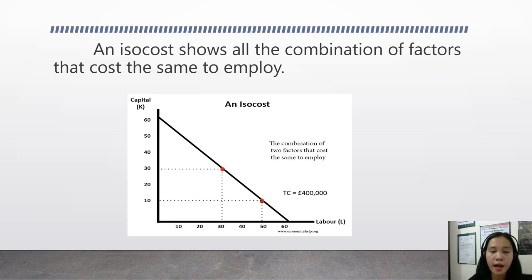So an isocost line is a graph of a combination of labor and capital, or any other two factors of production, such that the total cost remains the same. An isocost line is to a producer what a budget line is to a consumer.